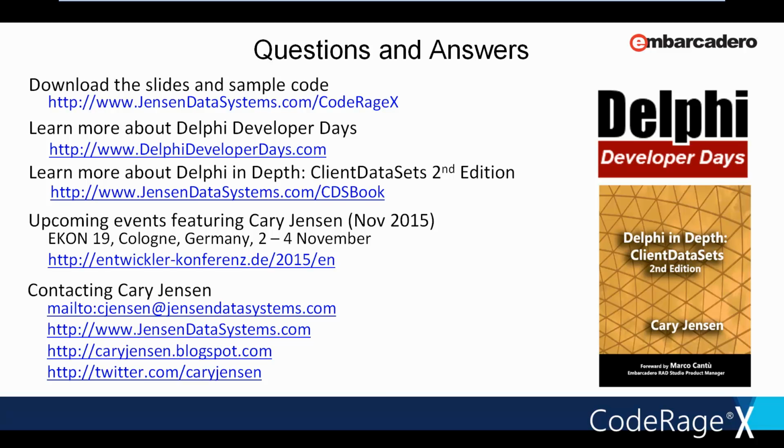Now, here are some questions about FastReports with FireMonkey on other platforms. Have you looked into FastReports on FireMonkey? I have not used it, but all registered Delphi developers can download it, at least in the previous versions. I haven't gone and looked for it for Delphi XE Seattle, but yes, there is a FireMonkey version of FastReport, and it's a download from the registered users page for the Embarcadero edition.